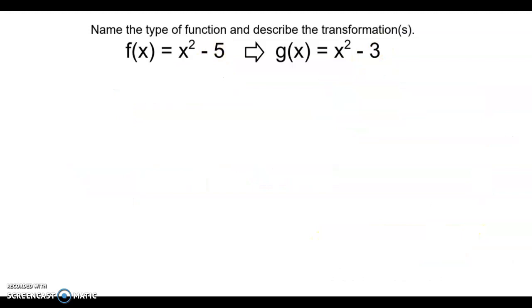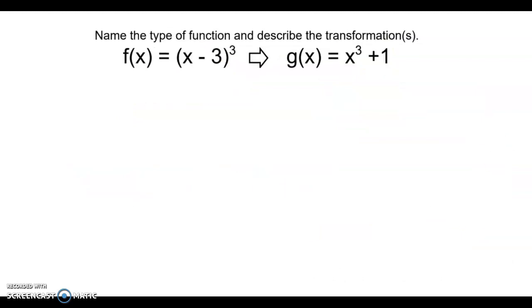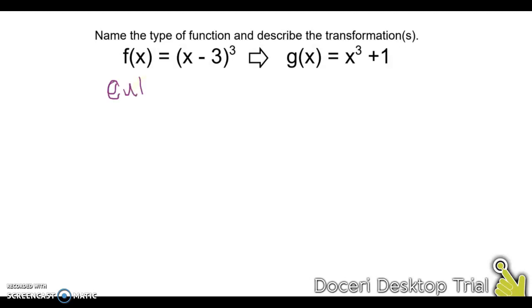Let's do one more. First, we have to think about what kind of function this is. This is a quadratic. A cubic, sorry. Okay, and then we have a, which is 0 here.